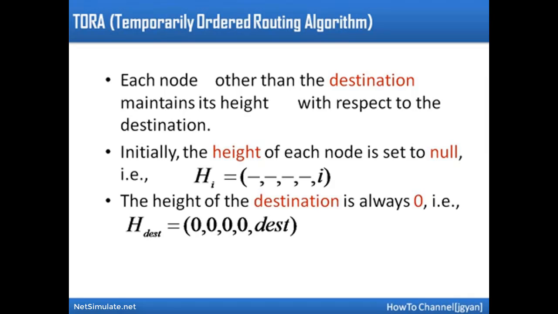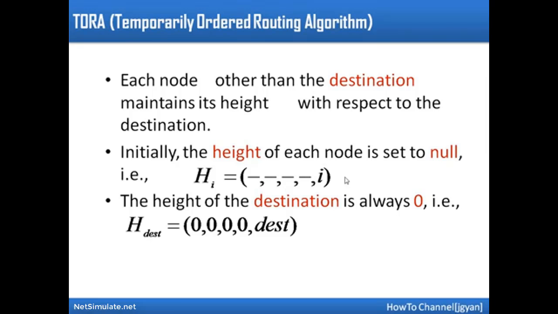So this routing algorithm assumes that initially a node does not have an idea where the destination is, so they set their height to null. How is this null represented here? I is the id of the node, and the other attributes are represented as dash dash dash dash.